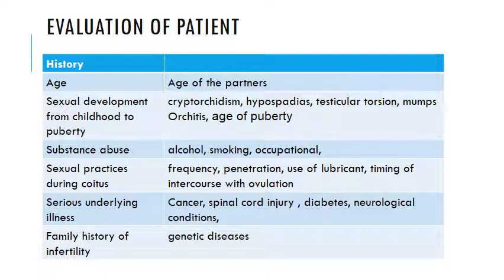We also evaluate whether the patient has habits of substance abuse or sexual practices hindering normal fertilization, or any serious underlying illness like cancer, spinal cord injury, severe diabetes, or some neurological disturbance. We also evaluate whether the problem of infertility runs in the family.